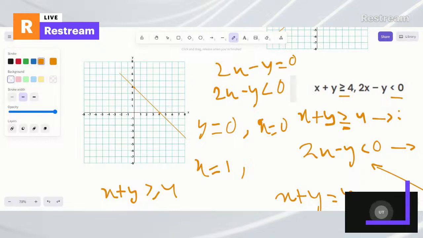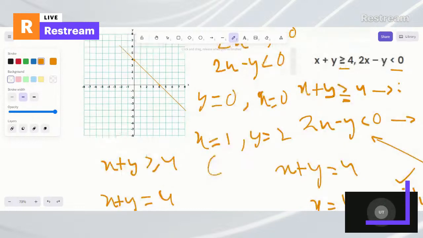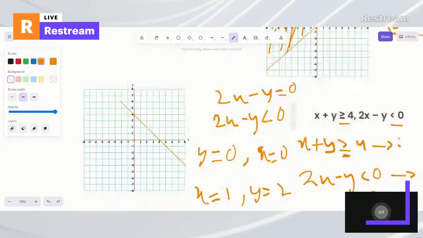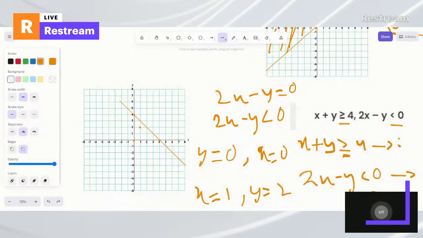If I substitute x equals 1 in this equation, it becomes 2 minus y, and 2 moves to the other side, so y equals 2. Now I have two coordinates, 0 comma 0 and 1 comma 2. I plot these two coordinates and draw a straight line over it. So this is the line.